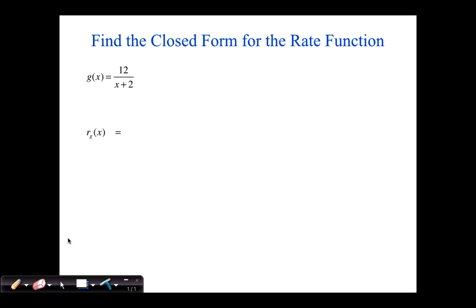So let's look at the algebra of this. This will be our last thing for today. Suppose I want to find a rate of change function for this g of x, which was 12 over x plus 2.